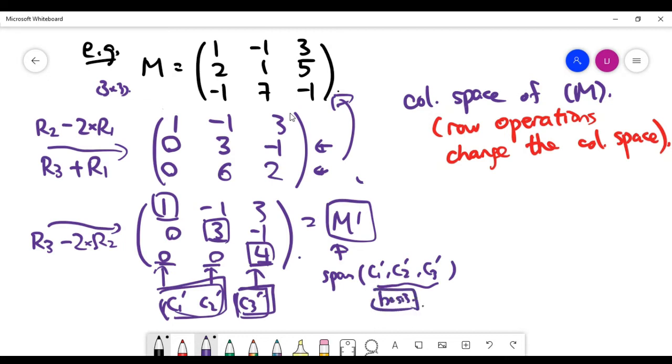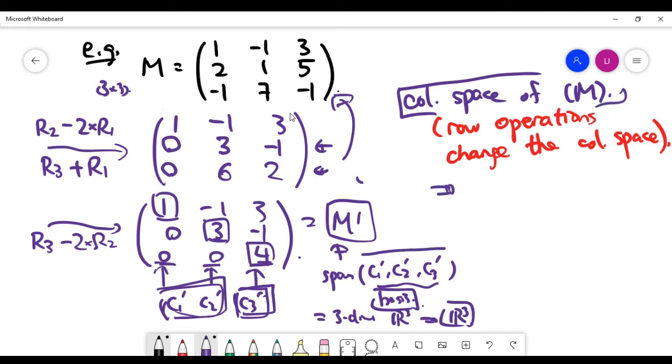Because they are of different directions, no vector can be written as a linear combination of the remaining vectors. In that case, for M prime, the column space is the three-dimensional space in R3. It essentially means the whole space R3, right? And for the original matrix M, we have to do the same thing.